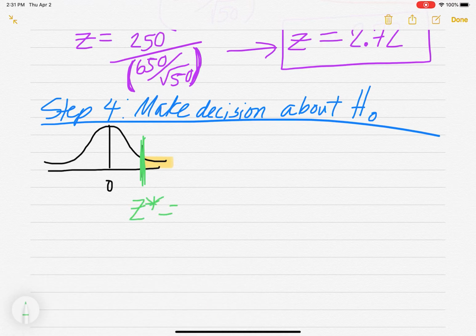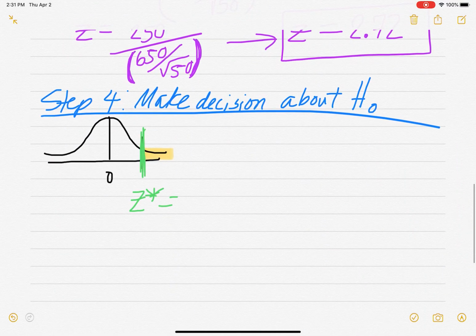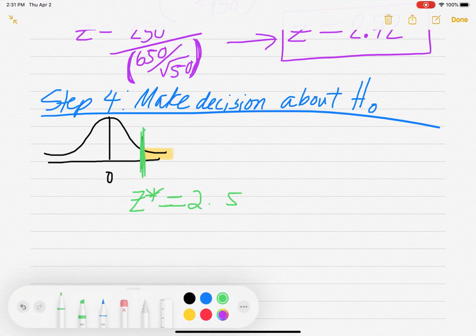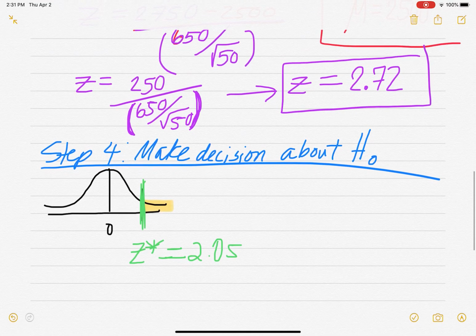Remember what that was? 2.05. And we found that our z test statistic value is 2.72.